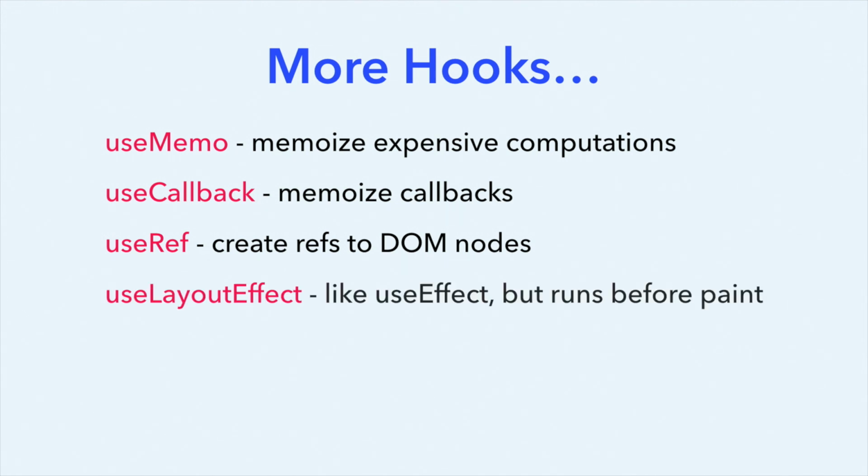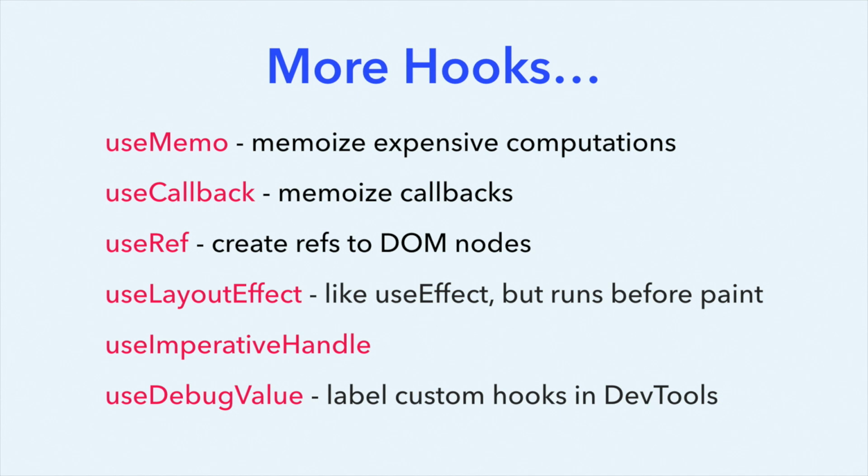There's useLayoutEffect, which is like useEffect, but it runs before paint. So if you need to do some state updates and you're getting some weird flickering, switch to useLayoutEffect. That should probably fix that. There's useImperativeHandle, and there's useDebugValue, which lets you label custom hooks in DevTools.